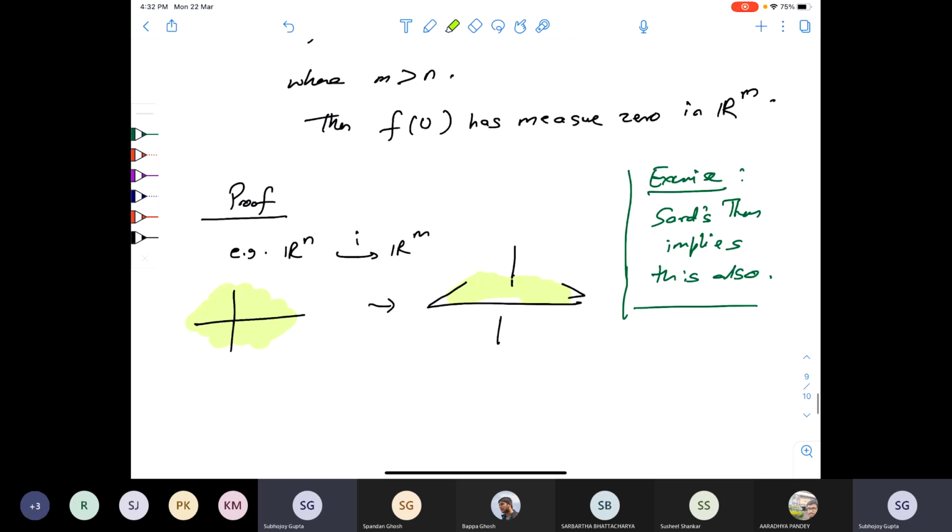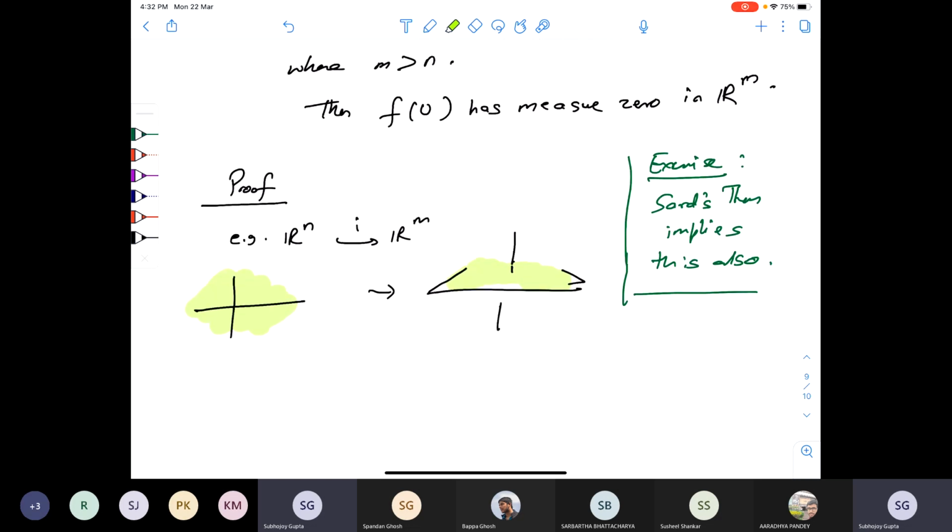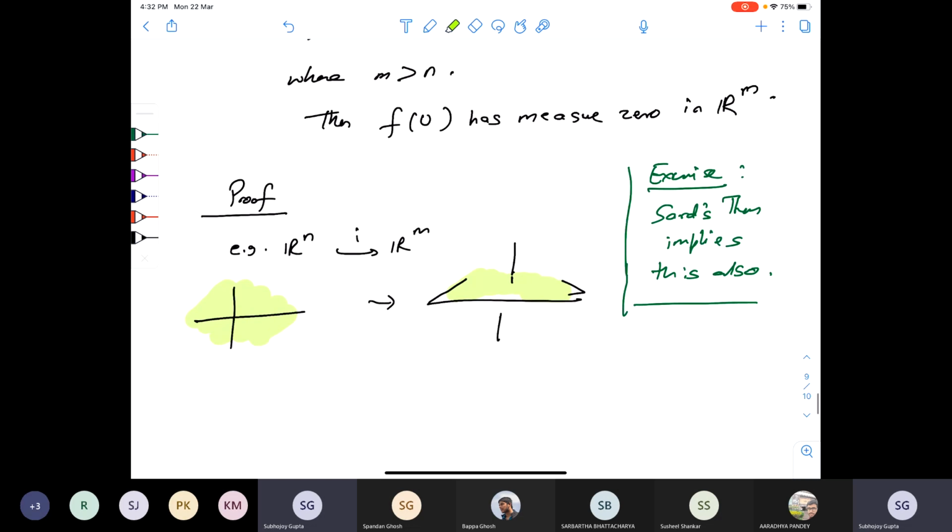That's the example to keep in mind. And the point is that you can use this canonical immersion to do your job.